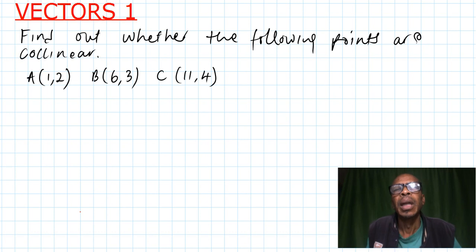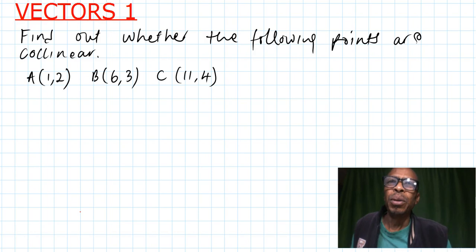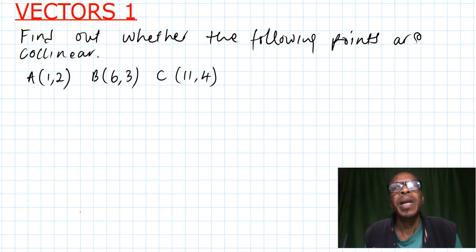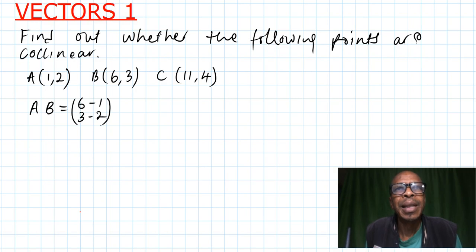Now, we don't have to draw the Cartesian plane to prove that these 3 points are collinear. What do we do? We can get AB is equals to 6 minus 1 and 3 minus 2. That will give us 5 and 1. We can express AC.